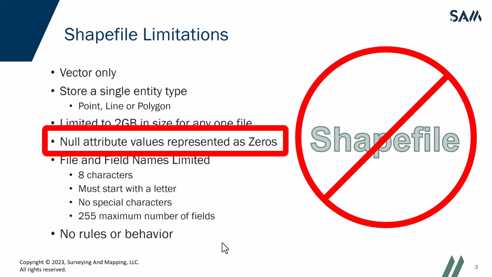Another issue we have is how it deals with null values. Null values are those that are left blank, that shouldn't have any value stored in them. Well, shapefiles don't leave those blank. It's going to insert a 0 where there are null values present. Or I should say, where null values don't exist, right?